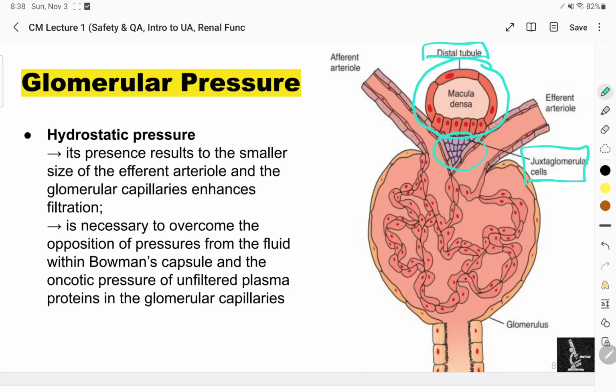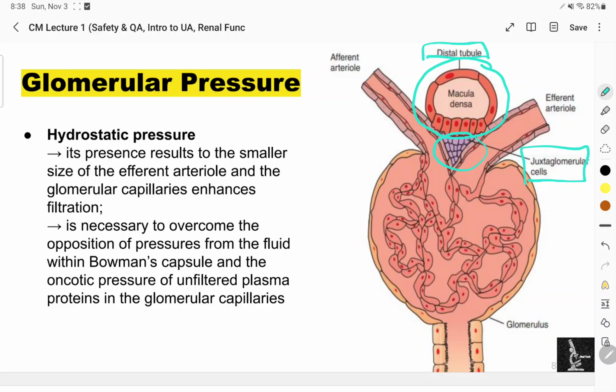Si macula densa is dapit ni distal tubule. Okay? Nya, ubos ni macula densa is your juxtaglomerular cells. So, ang ato ang blood pressure and blood volume mo-fluctuate man yun. Okay? So, what will happen?